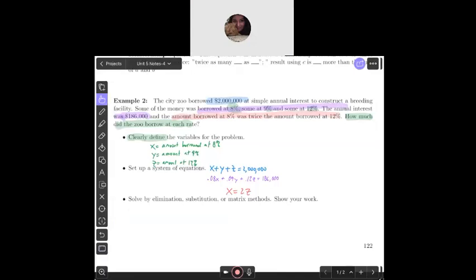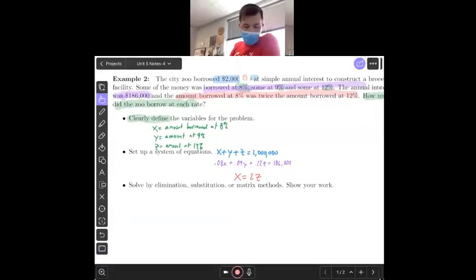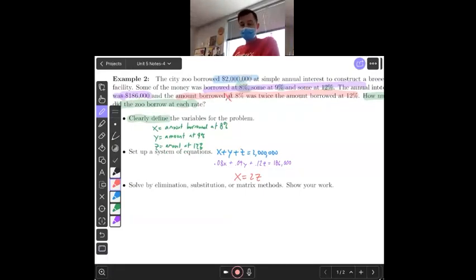Okay. So the amount borrowed at 8% was twice the amount borrowed at 12%. So what's the amount borrowed at 8% to us? That's X, right? And then was is just the past tense of is. So there's our equal sign. And twice, of course, means 2 times. 2 times amount borrowed at 12 is Z. So X equals 2Z.